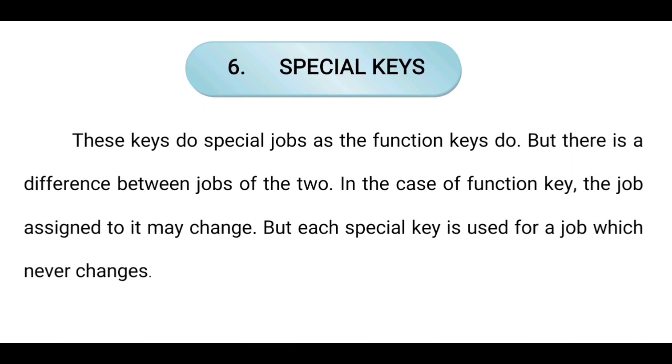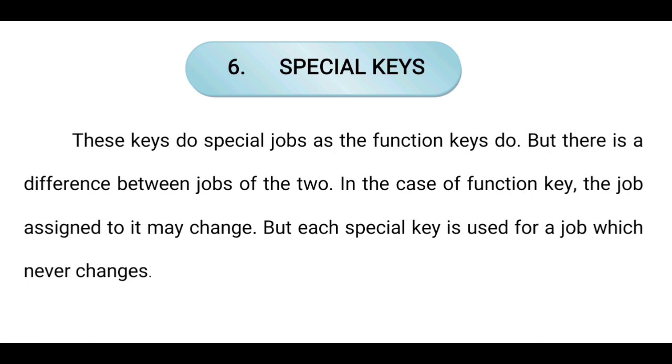The sixth and the last keys of the keyboard, we call it what? Special keys. These keys do special jobs as the function keys. But there is a difference between the jobs of the two. That means the function keys and special keys have different jobs.